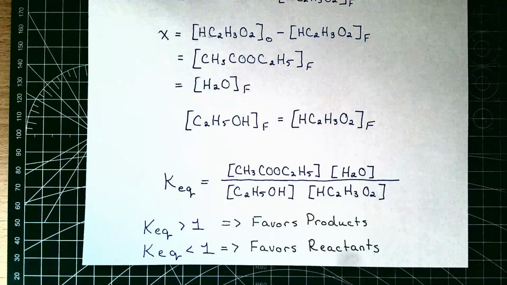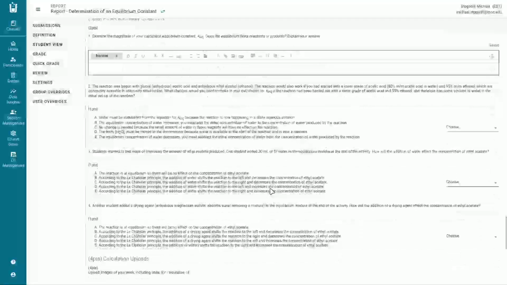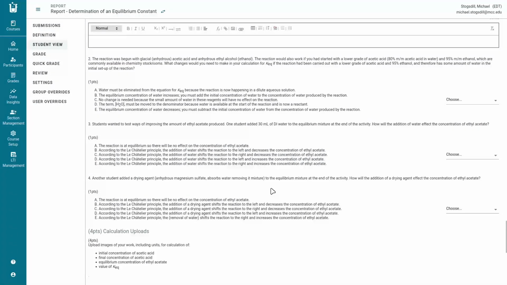There's a few little conceptual questions that we need to finish up at the end here. They're going to ask you what's going to happen if instead of using fairly dry reagents, we had more dilute aqueous reagents to use. How do we handle that with the KEQ?